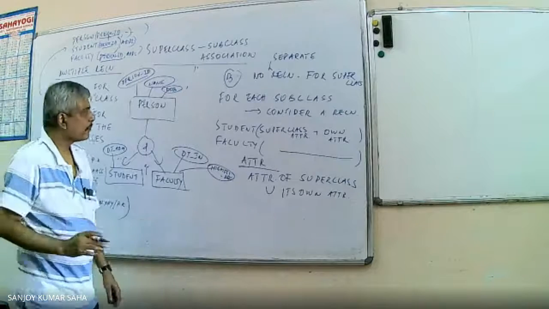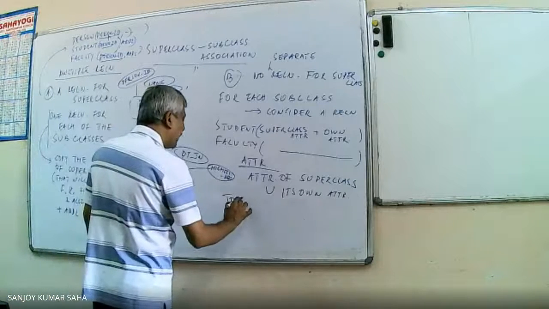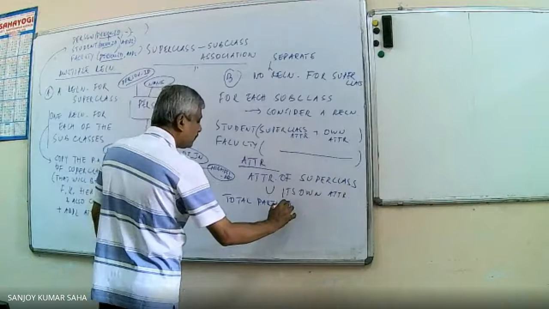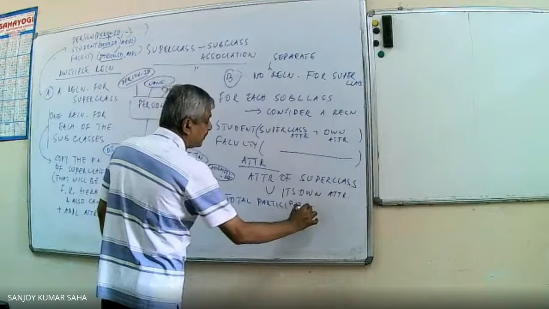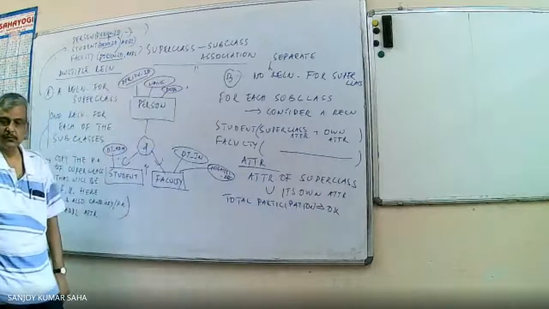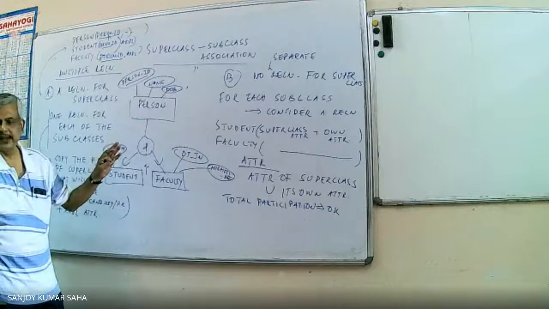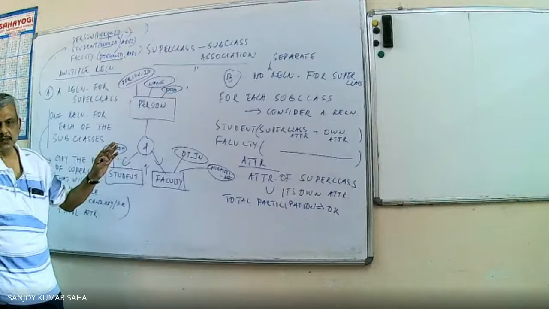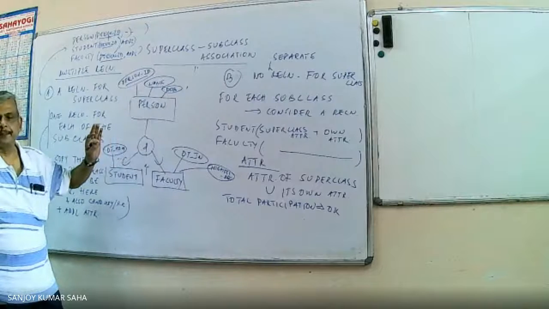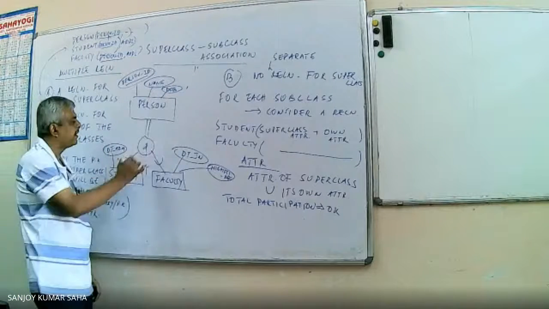Now see, if it is total participation, okay, I am not losing any information. Every person will belong to at least one of the subclasses. That is the meaning of the total participation.